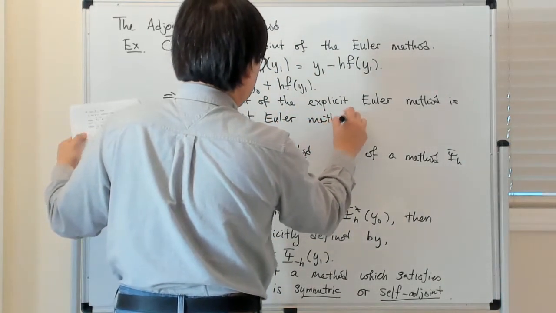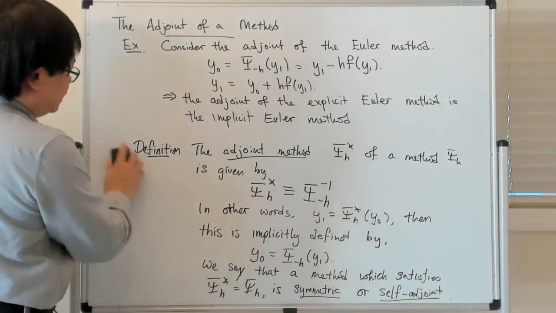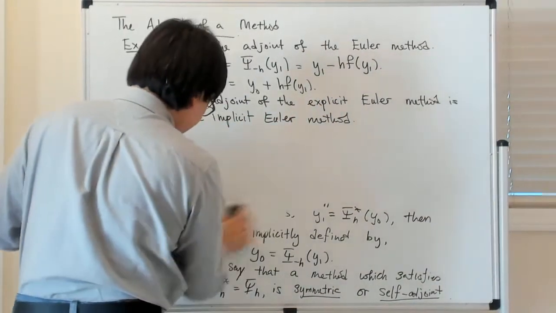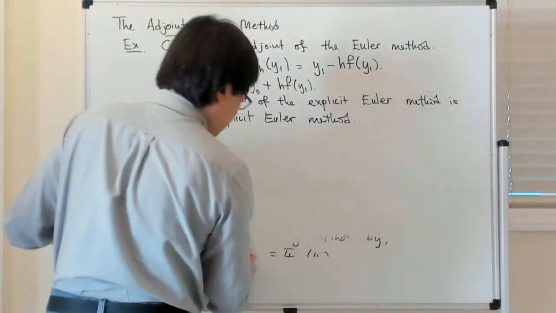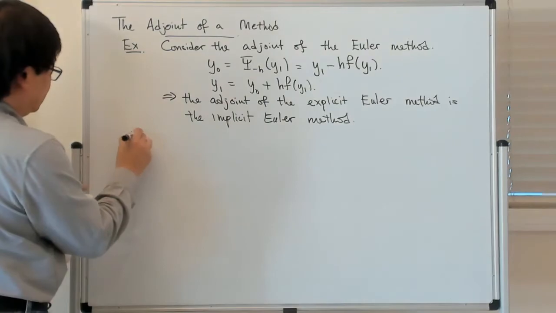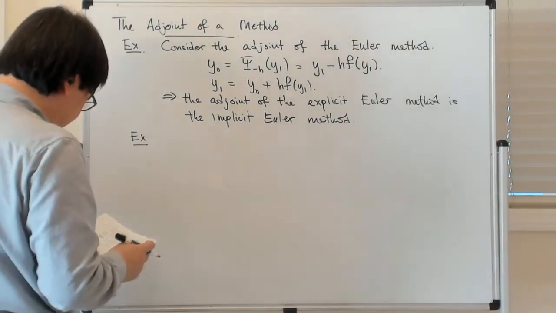Okay. All right. So you might ask, well, what are some examples of self-adjoint or symmetric methods? So let's look at examples of self-adjoint or symmetric methods.